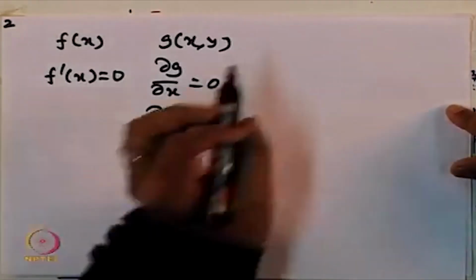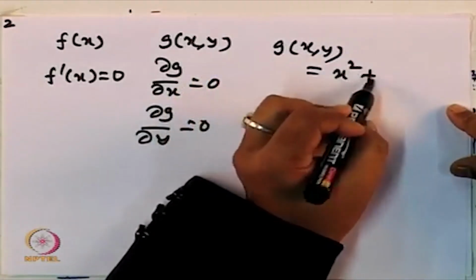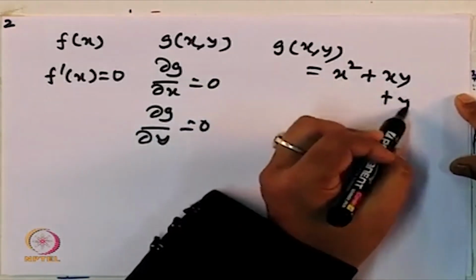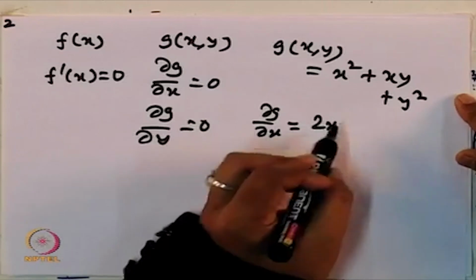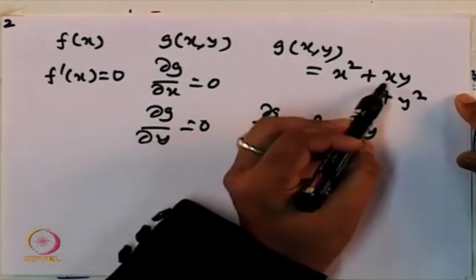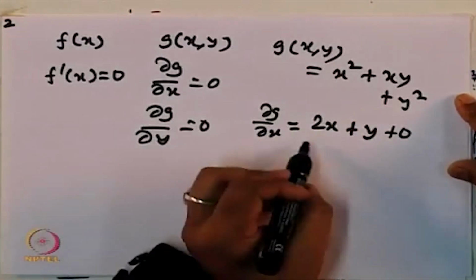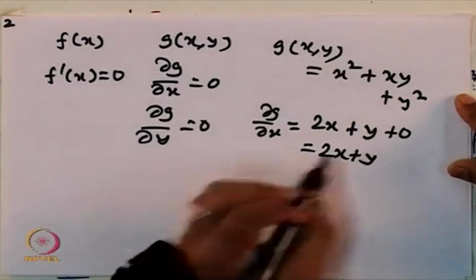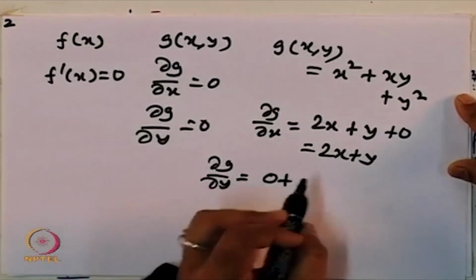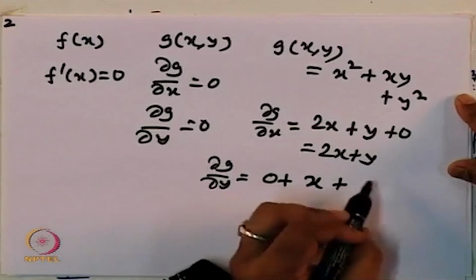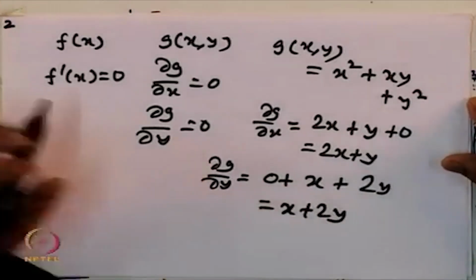Once again, if g of x, y is equal to x square plus xy plus y square, then del g del x is going to be 2x plus y, because you assume y is constant, and del g del y is equal to x plus 2y. So, you set both of these equal to 0.